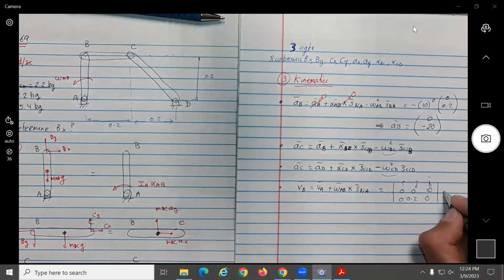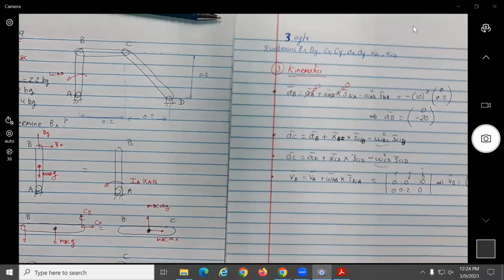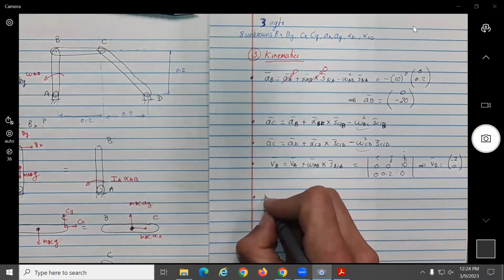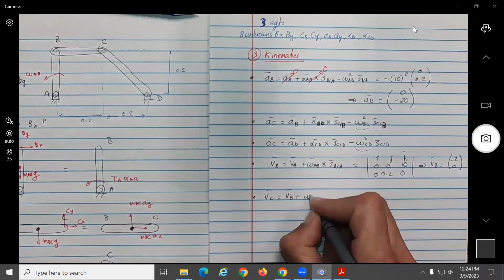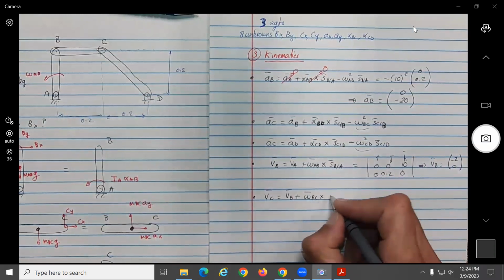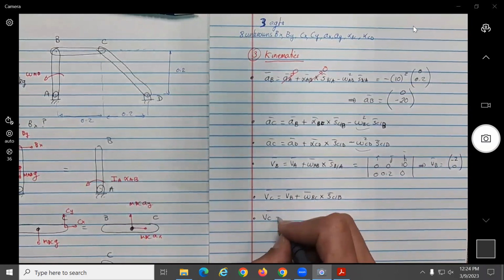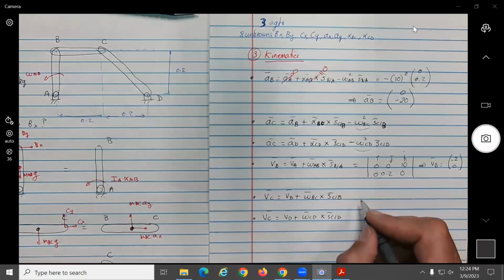0, 20 will give us velocity of B equal to -20. Then you find velocity of C from point B, VB plus omega BC cross S of C with respect to B. And you take VC from point D, VD plus omega CD cross S of C with respect to D. And I'm going fast, but I'm just trying to.